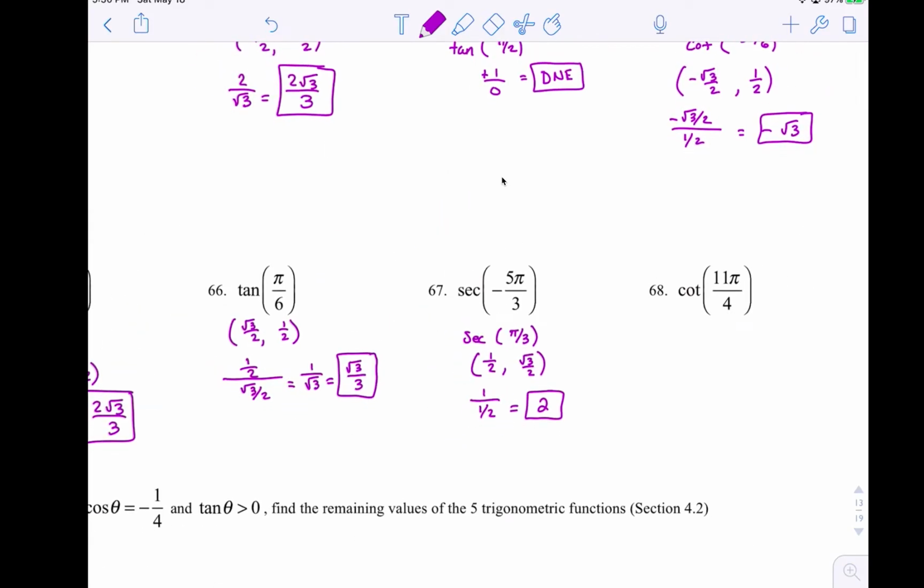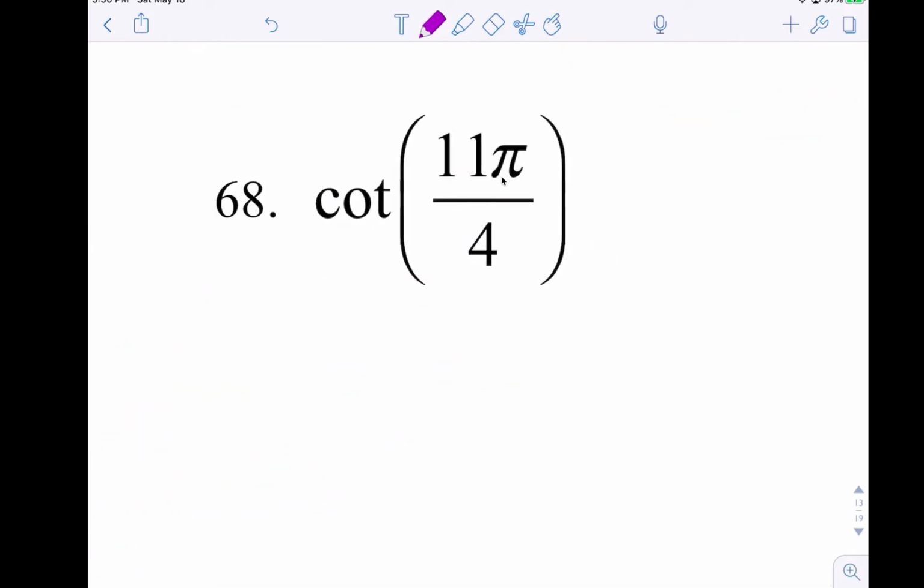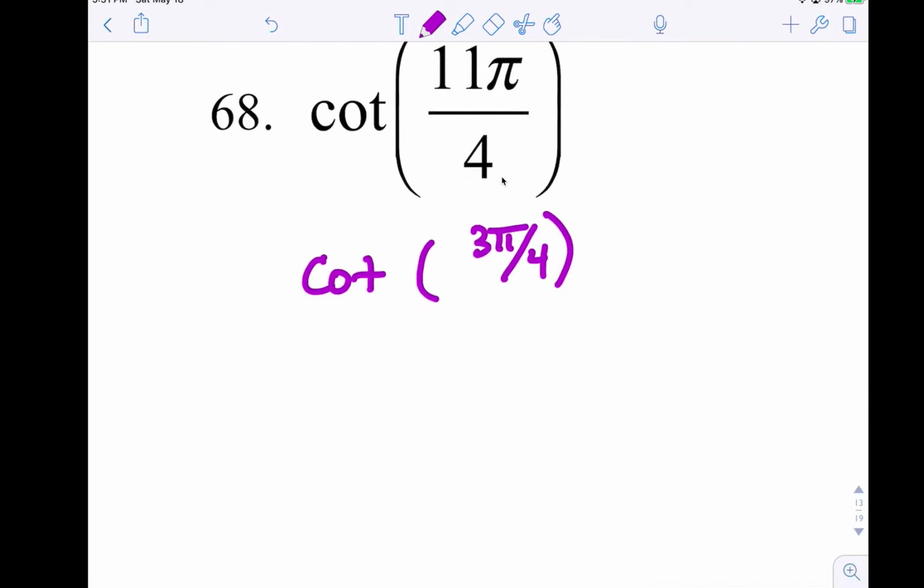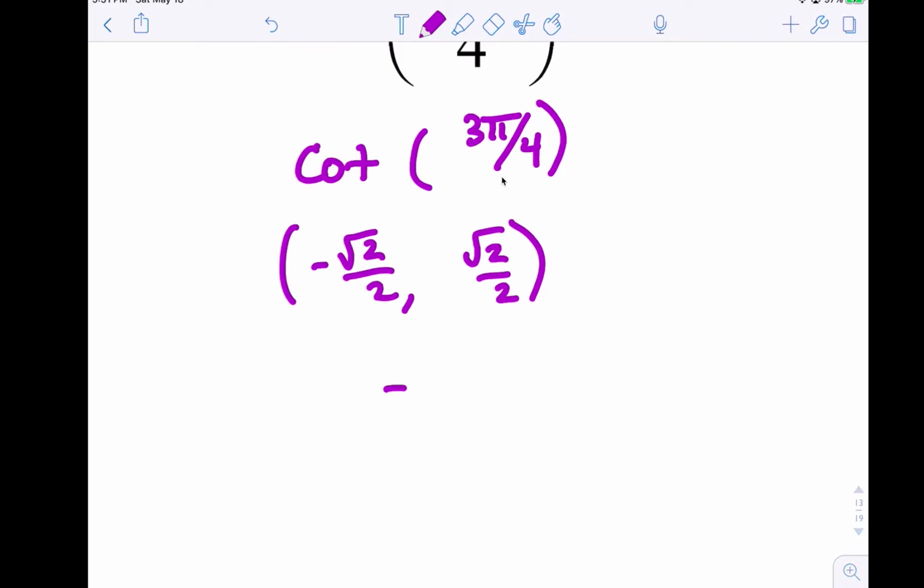And then the last one here, cotangent of 11 pi over 4. 11 pi over 4 is coterminal with 3 pi over 4, and that's -root 2 over 2, root 2 over 2. So x over y here is going to give me -1.